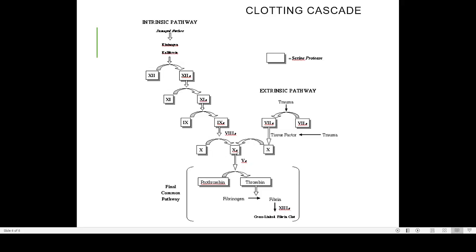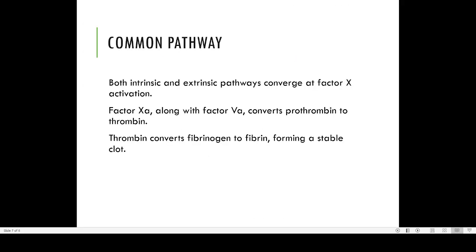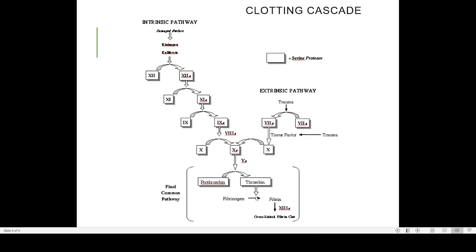At this junction, at the level of the Stuart factor, factor 10, both pathways meet together. The active form of factor 10, along with the active form of factor 5, the proaccelerin, converts prothrombin into thrombin. Thrombin is the enzyme, and thrombin converts fibrinogen into fibrin. This final step is known as the common pathway.